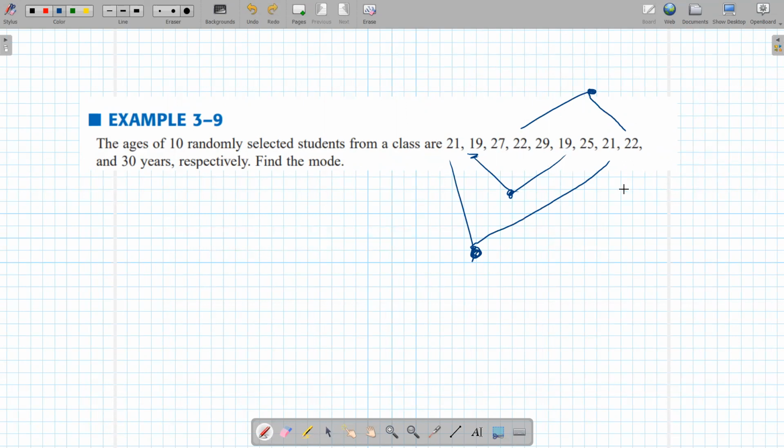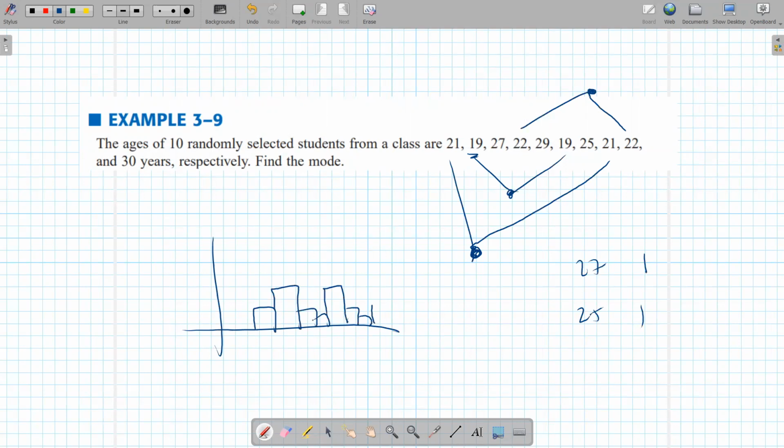Notice how these numbers occur more than, for example, 27 only comes up once, 25 only comes up once, right? But these numbers, they come up multiple times, or at least twice. Okay, they are winning. If you would draw this out, some numbers only come once, but some numbers are going to come up twice. You see this?